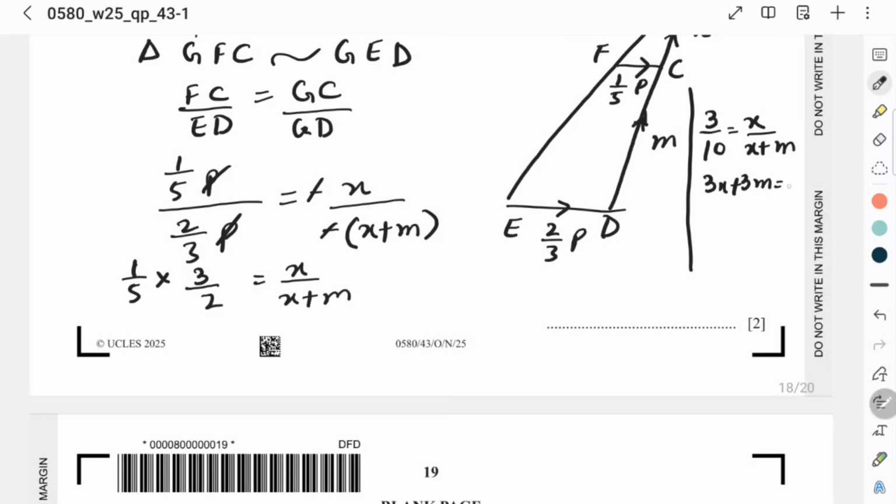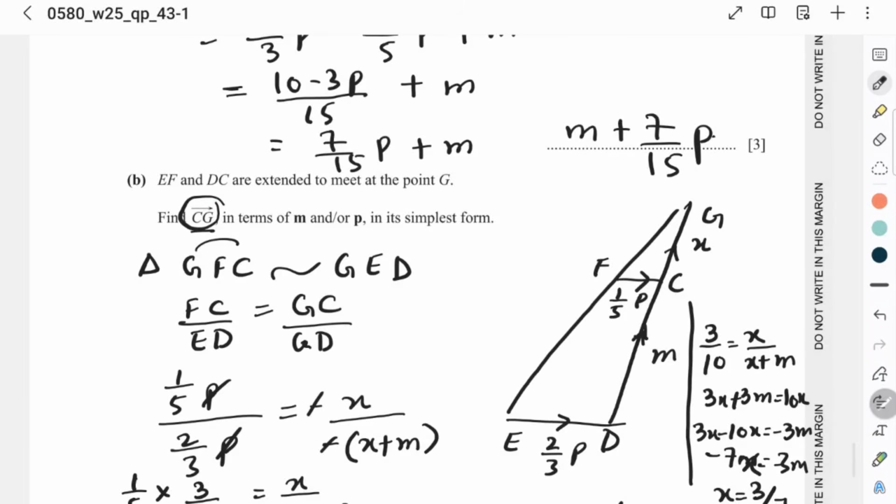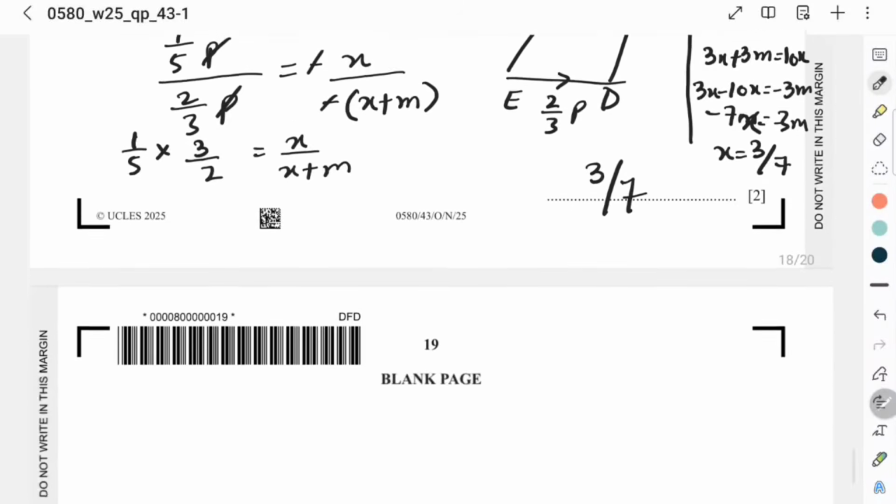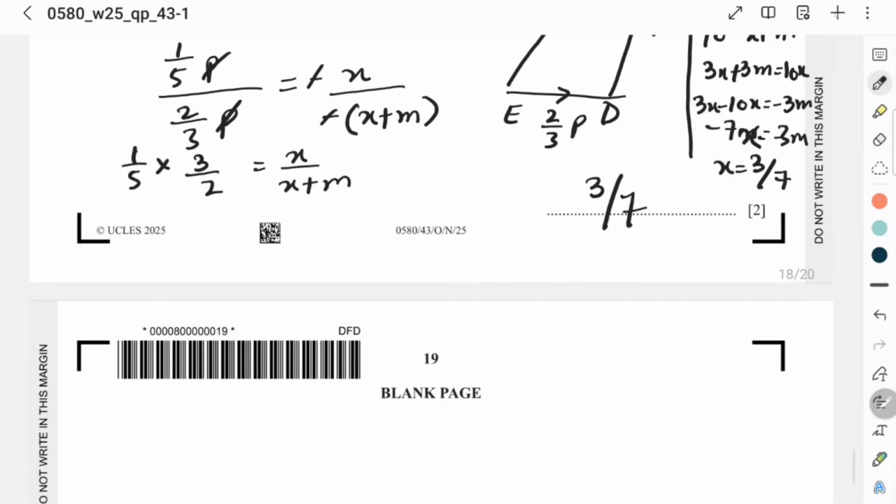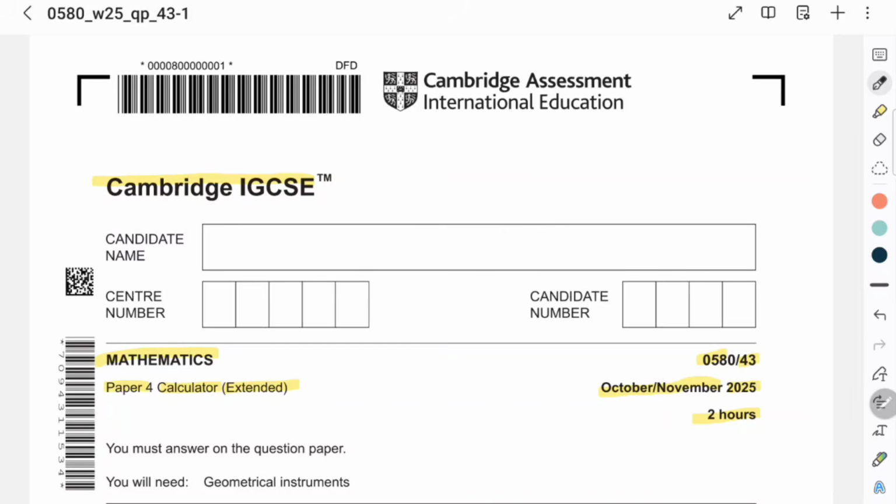Then 3x plus 3m is equal to 10x. Keep 3x minus 10x equal to minus 3m, and then you will have minus 7x equal to minus 3m, and then x is equal to 3/7. So you needed to find x in the question, and 3/7 is the answer for CG. All right, so that was the last part of the paper.